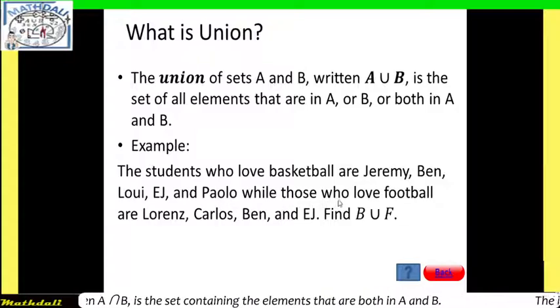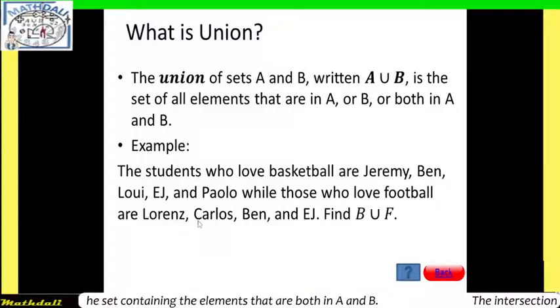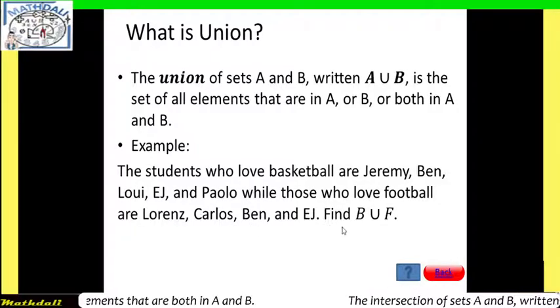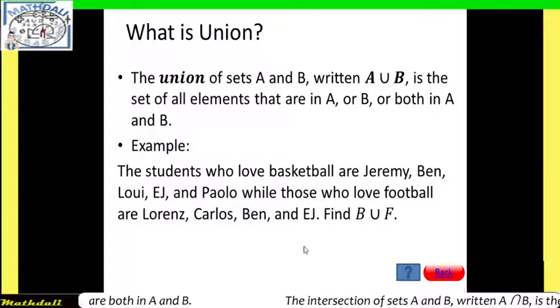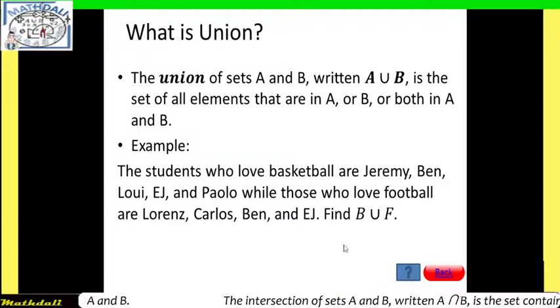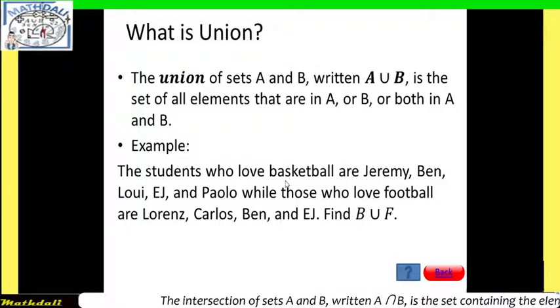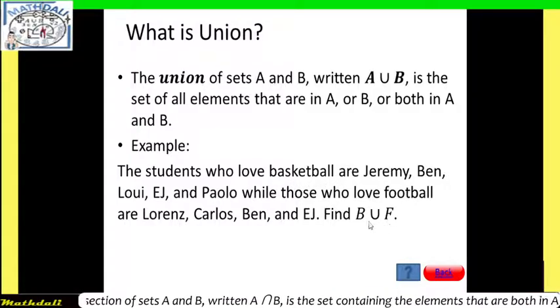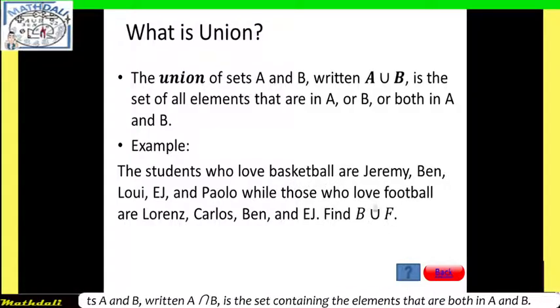While those who like football are Lawrence, Carlos, Ben, and EJ. We're going to find for B union with F. This B stands for the student who loves basketball, and F stands for the student who loves football.